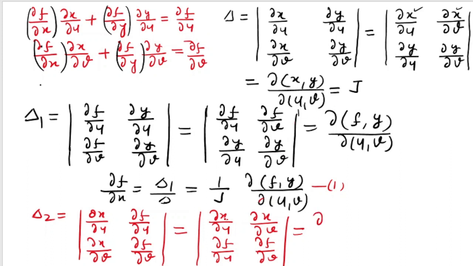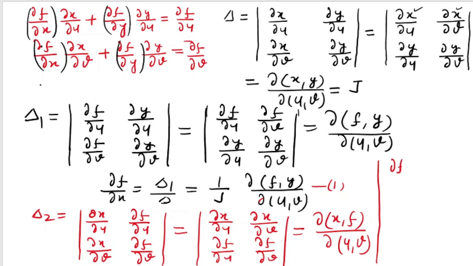So in the notation that I have used here, what can I write? We are differentiating x and f, so I am writing del of x and f divided by del of u and v. Since I don't want to go to the next page, so that everything appears on this page, I am using the space here. So this is our delta 2. So what is del f by del y? If I can use this space here.